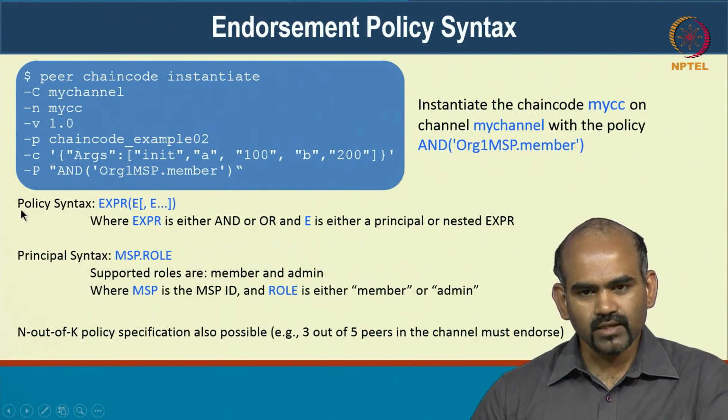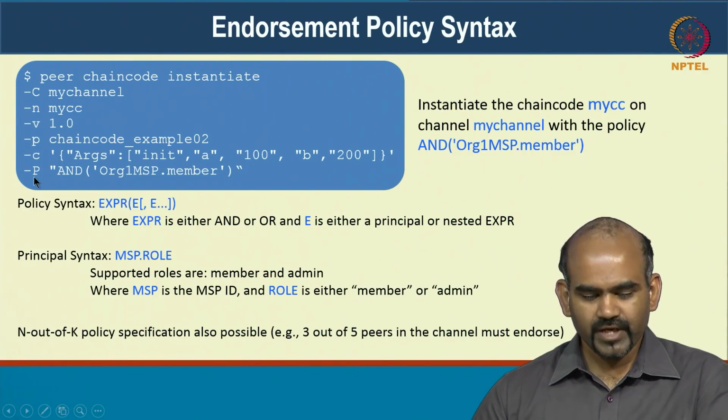The syntax for the endorsement policy is any expression using AND and OR gates, and using any principal or nested expression. So I can say org1 MSP.member and org2 MSP.member. So both of these entities must sign. And the principal that I called out here is really a particular role. It could be member, it could be admin. These are the supported roles today.